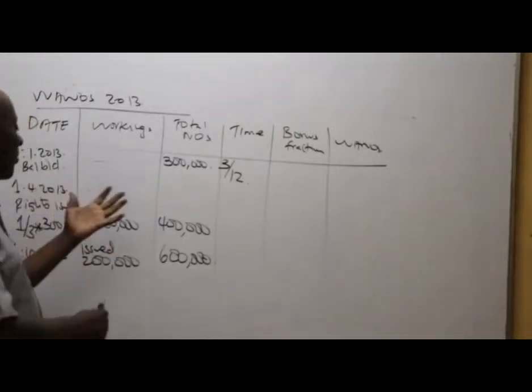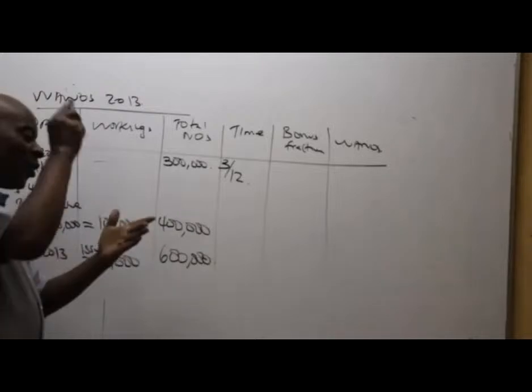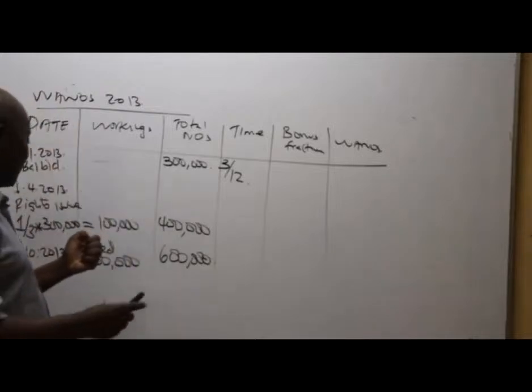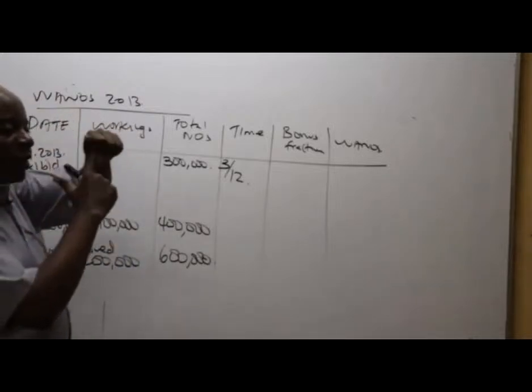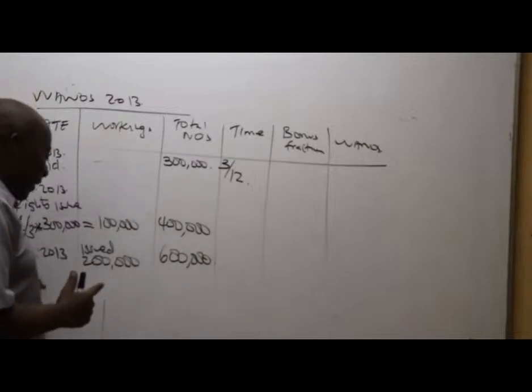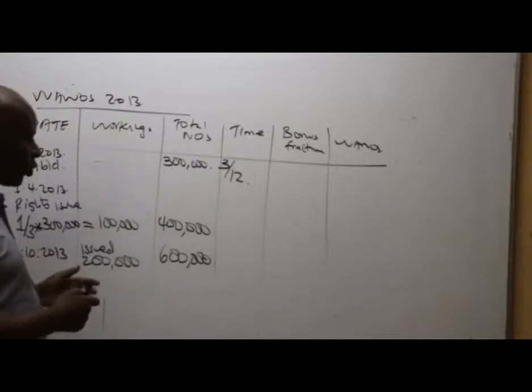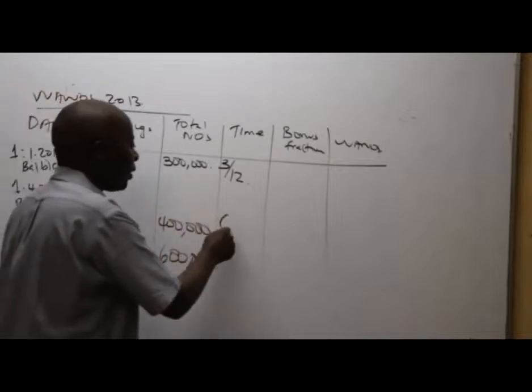So you count April, May, June, July, August, September. When I start counting October, I realize October had not yet started. So you're right. So this is 6/12.